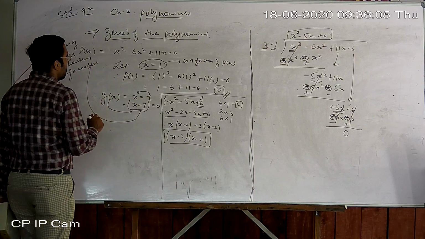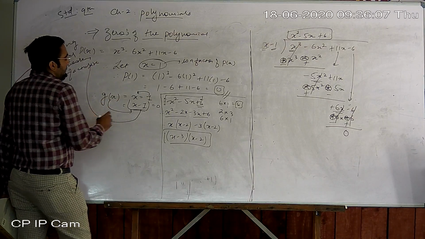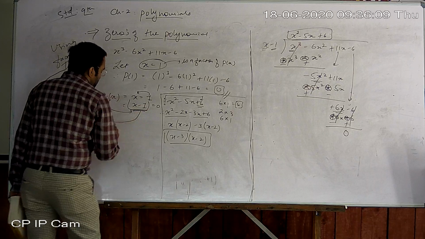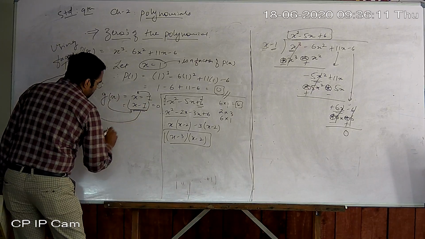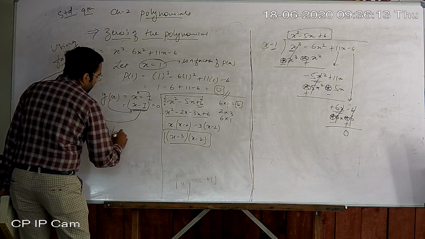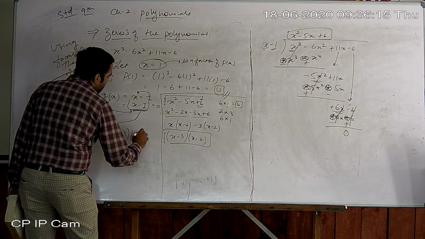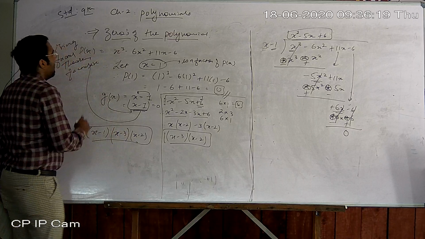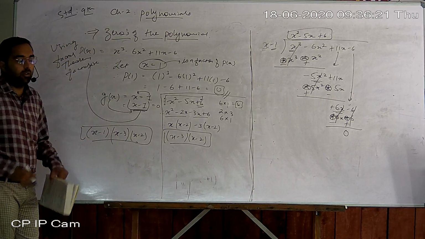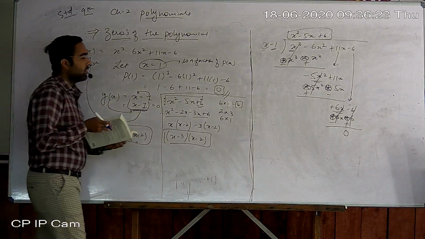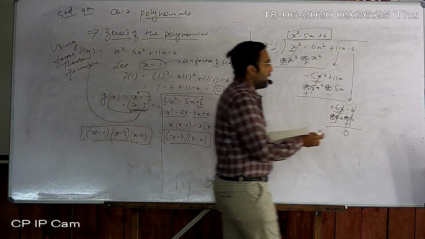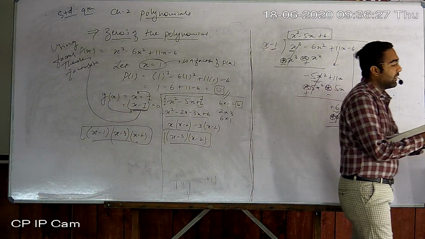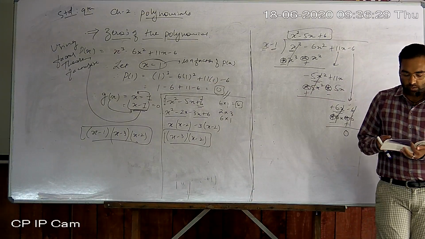The first factor is x minus 1 and the other two are x minus 3 and x minus 2. Here are the three zeros of this cubic polynomial. Okay students, I hope you have understood all the things that I taught you.